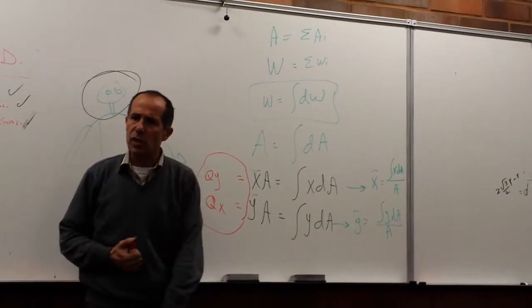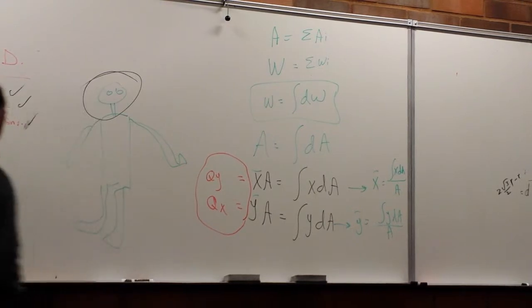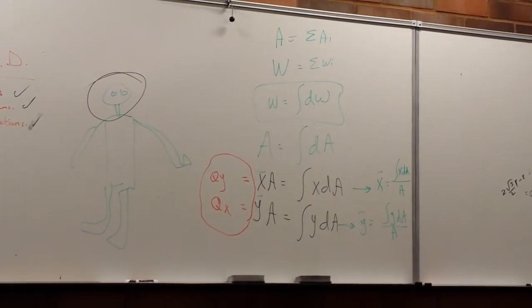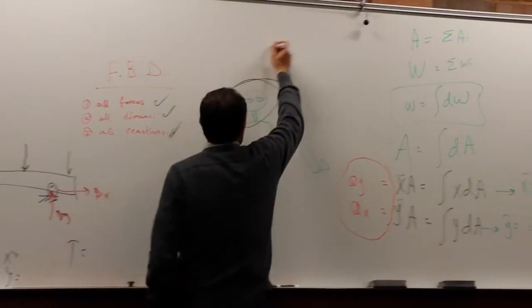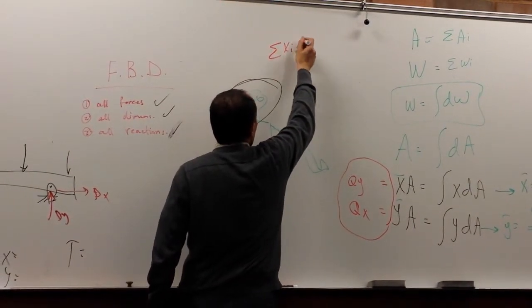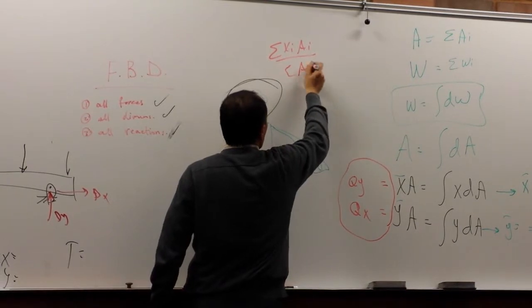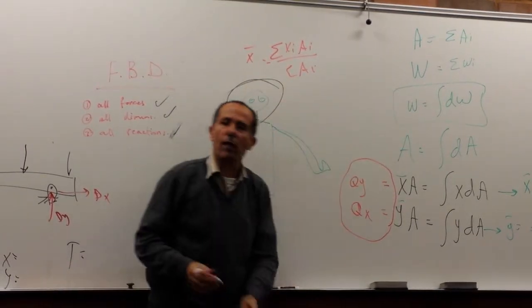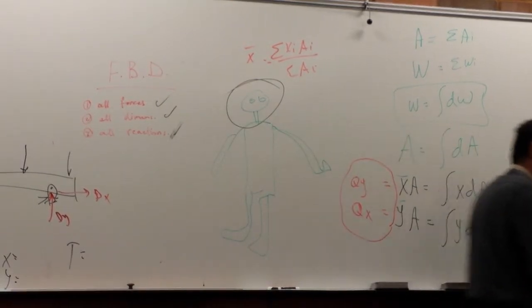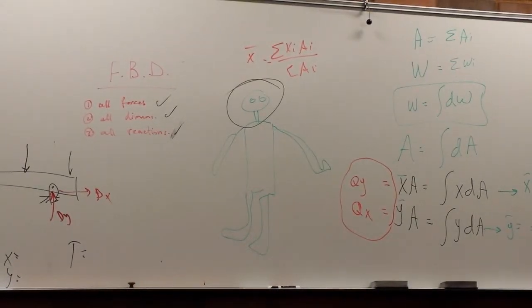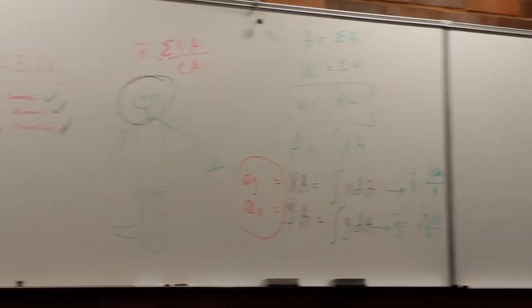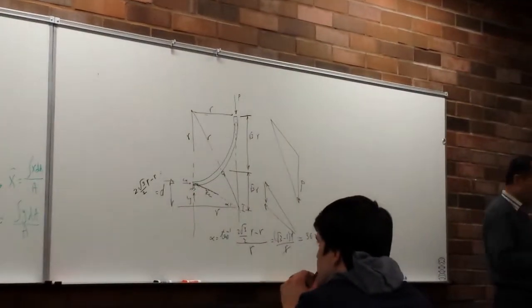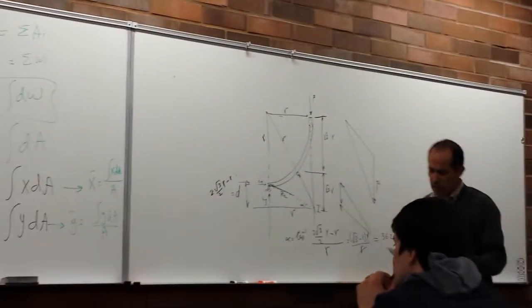This is the equation and it's simple. Our equation used to be, where I put it? We have it somewhere: sum of xi Ai over sum of Ai. This equals that using the integration system.